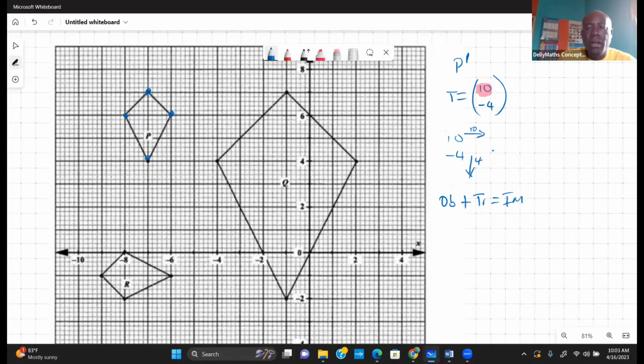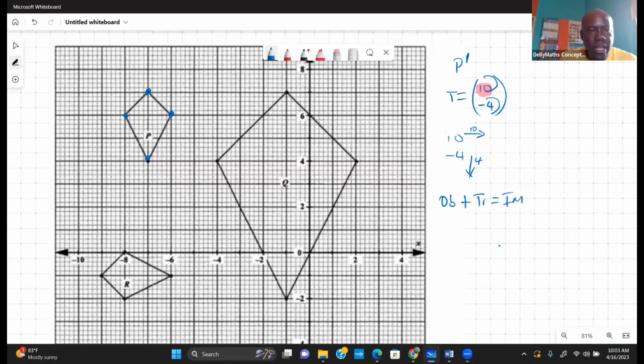I could take them now and add matrices, and that is why it's good that you do matrices already. I'm going to do it two ways as quickly as we can because we want to maximize time. First, the counting for those who appreciate it: 10 places to the right and 4 down.